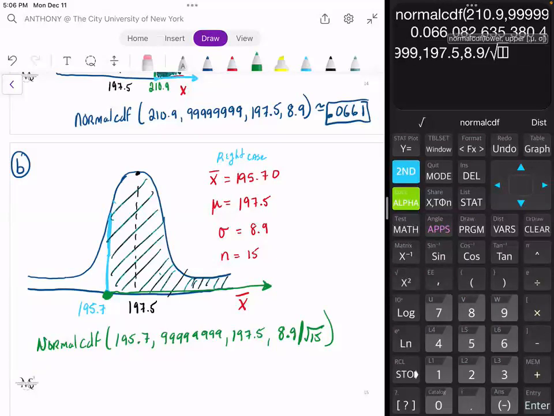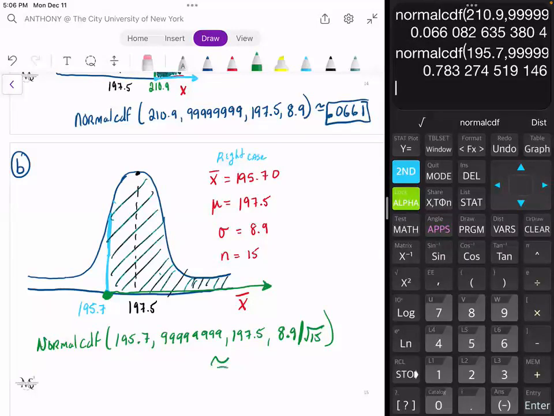So you got to do 8.9 divided by second x squared to get the square root. 15, just move the arrow key, put close parentheses, hit enter. All right, if I round my answer to 4 decimal places, we get 0.7833. Let me know if you get this answer as well.